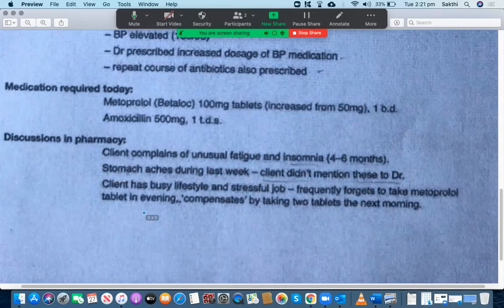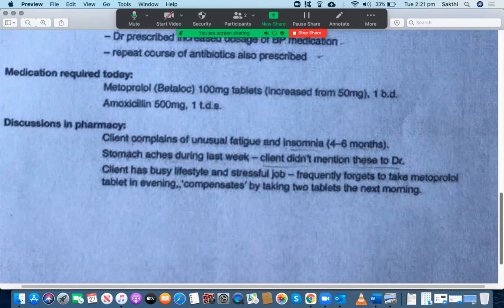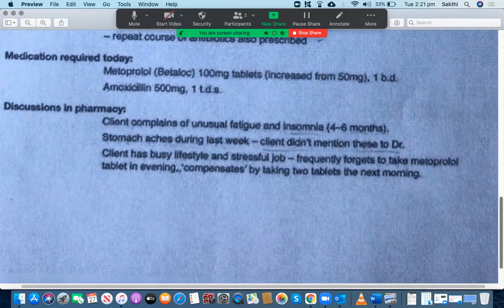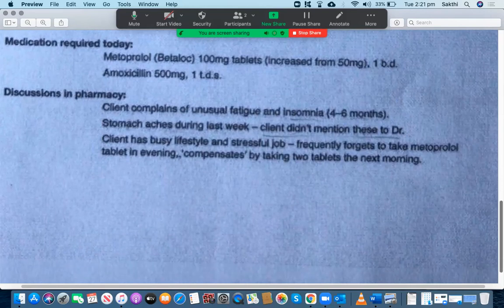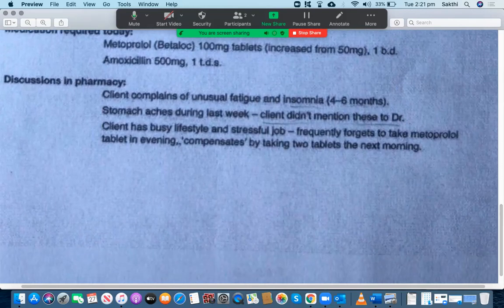This is okay. Good. Client has busy lifestyle and stressful job. Frequently forgets to take metoprolol in the evening. Compensates by taking 2 tablets the next morning. Did you mention this one? No. This is important. If he takes more tablets, that's not good, right?